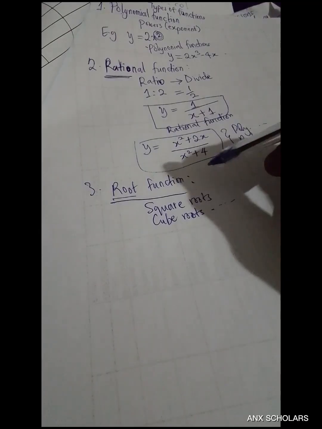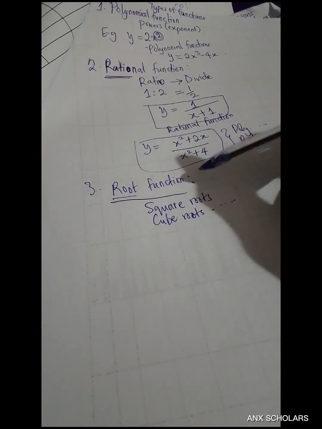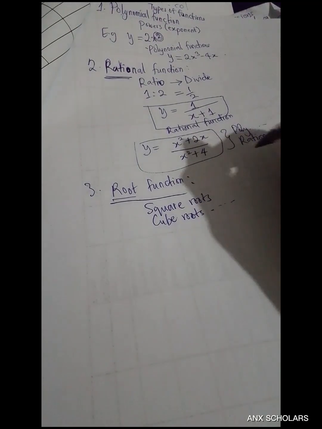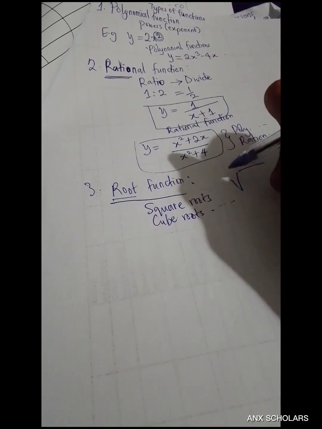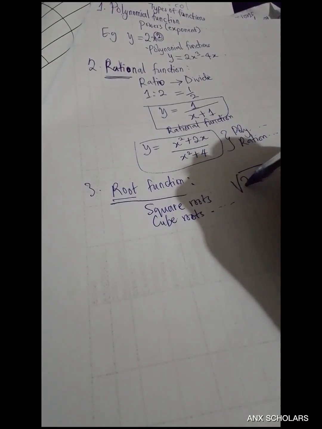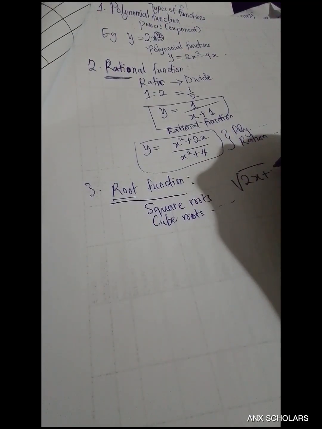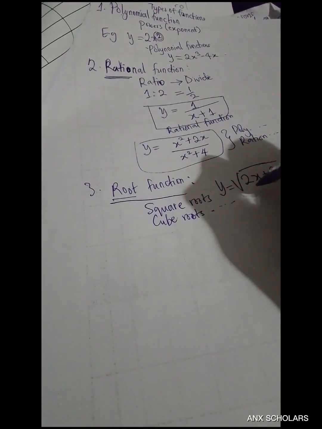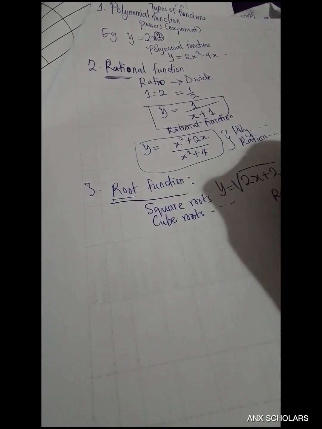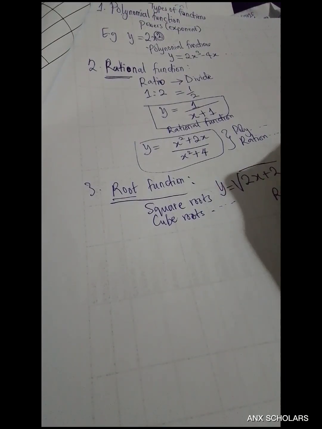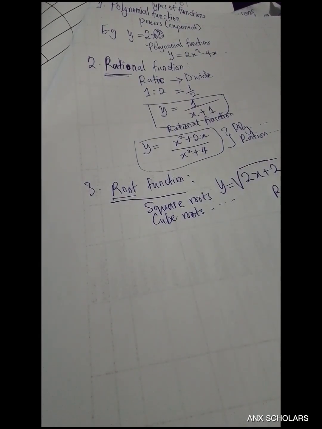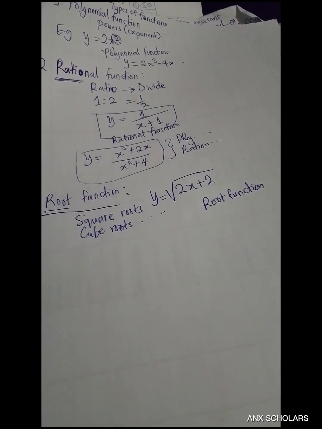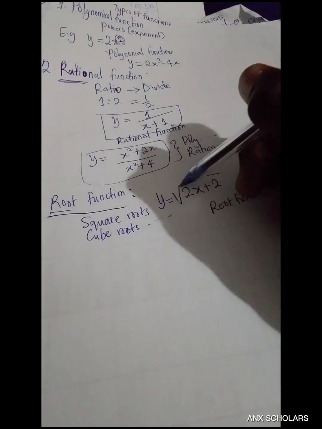So basically, it's just talking about the root system like this. Let's say we're having this plus 2, let's say y is equals to this. This is a root function. A root function. So it's this simple.